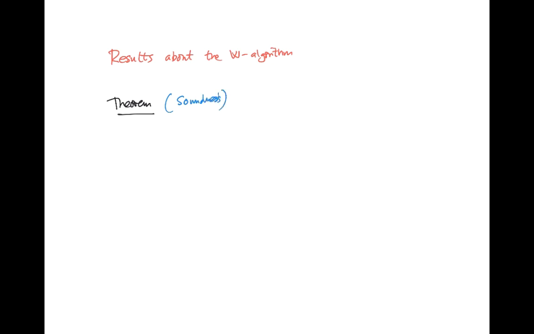That's the theorem that says that if we call the W algorithm on E and an expression E, and we get back a substitution sigma and T, then whenever we have that E has type T1, then it's the case that this type T1 is a specialization of the type T. So this means that T is the most general type.